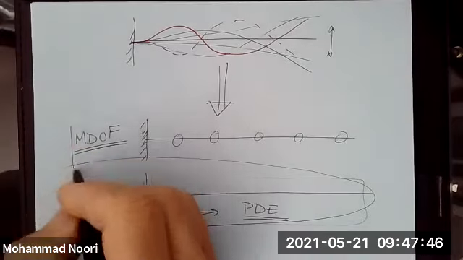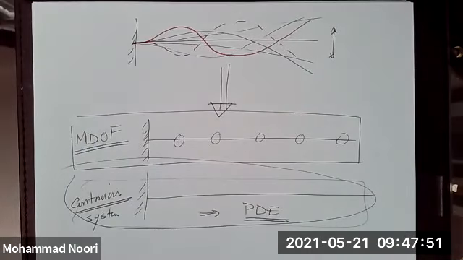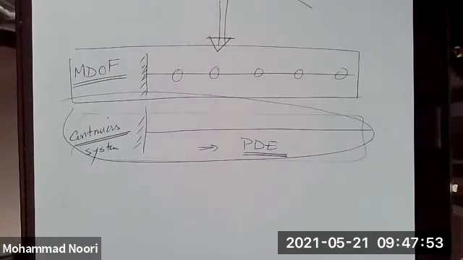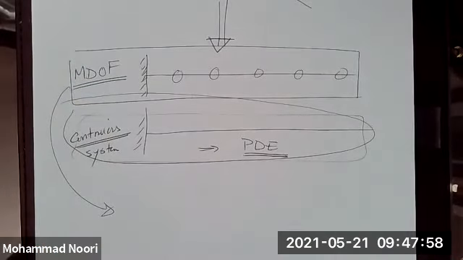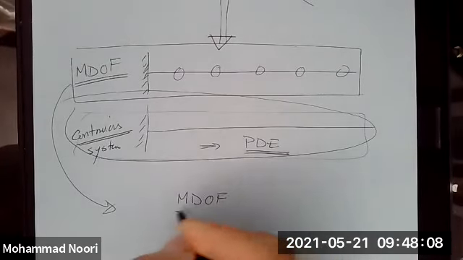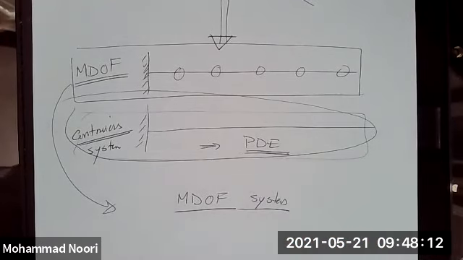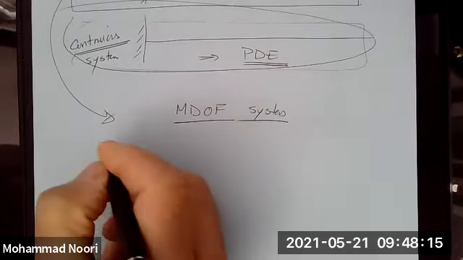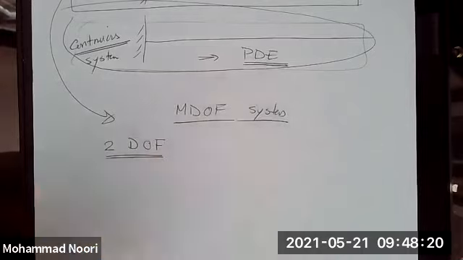Or dealing with systems as multi-degree of freedom, discretized, lumped masses. And that's what we are going to introduce. So we are now going to discuss the topic of multi-degree of freedom systems. And in order to do that, we always start with simply a 2 degree of freedom system first.